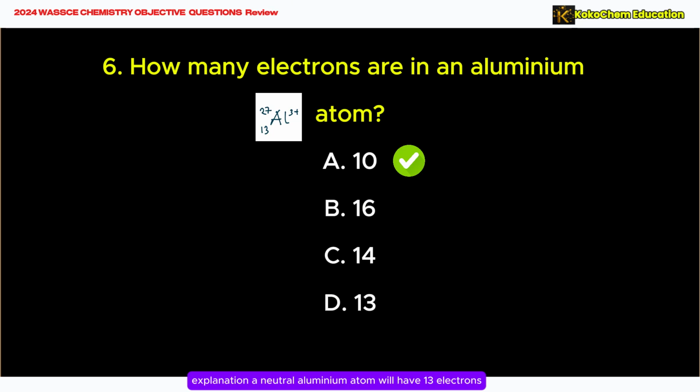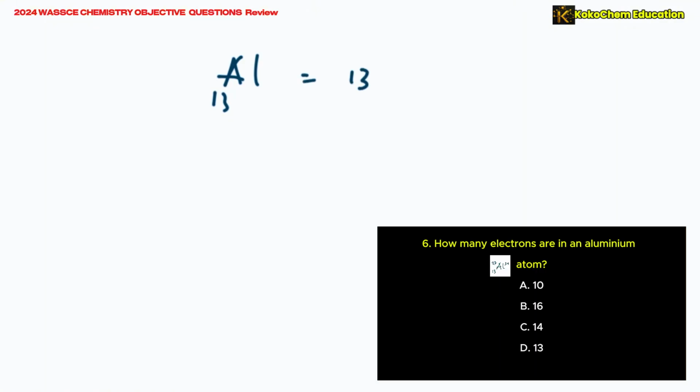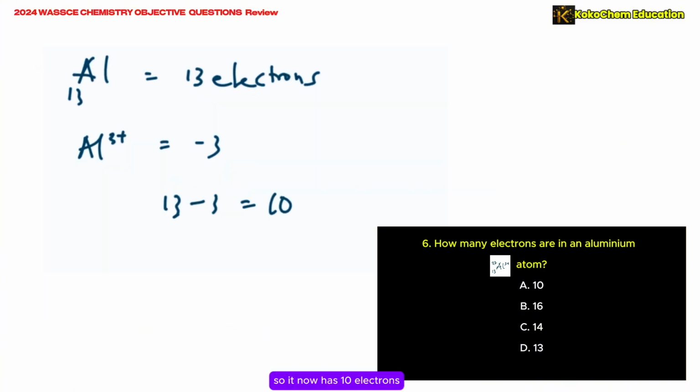A neutral aluminium atom will have 13 electrons. Aluminium with a charge 3+ means it has lost 3 electrons. So it now has 10 electrons.